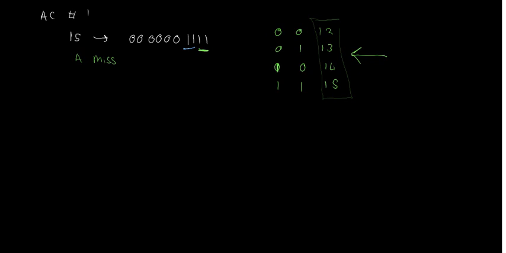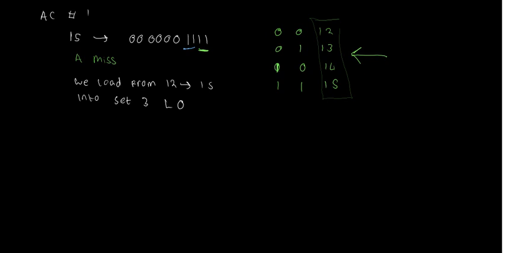So what we conclude here is that we load 12 to 15 into set number 3, line 0, because remember this cache has 2 lines per set, right?